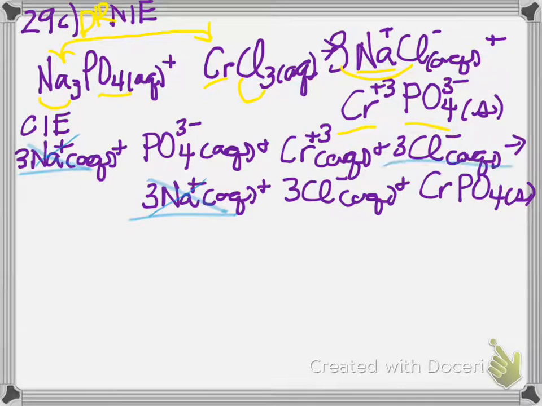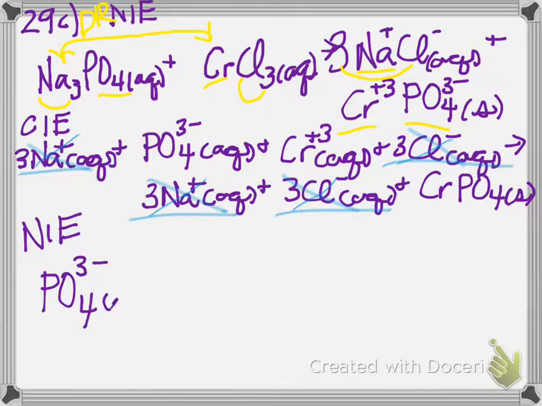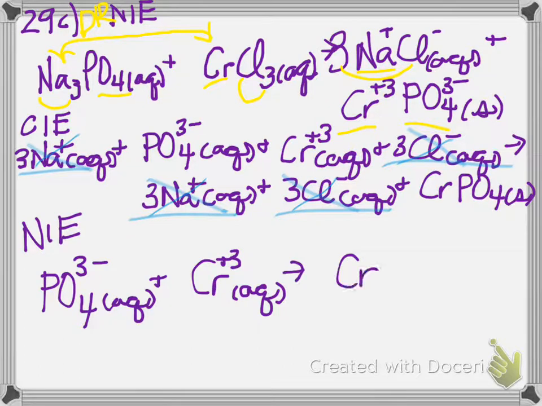And 3 chlorides, that's a spectator. So my net ionic equation is phosphate aqueous plus the chromium 3 aqueous yields my chromium 3 phosphate solid for letter C.